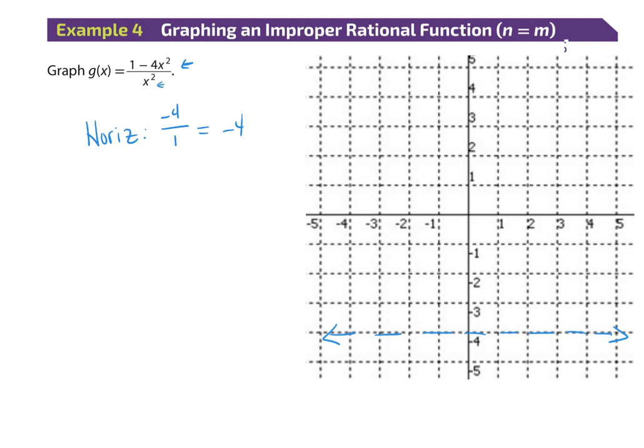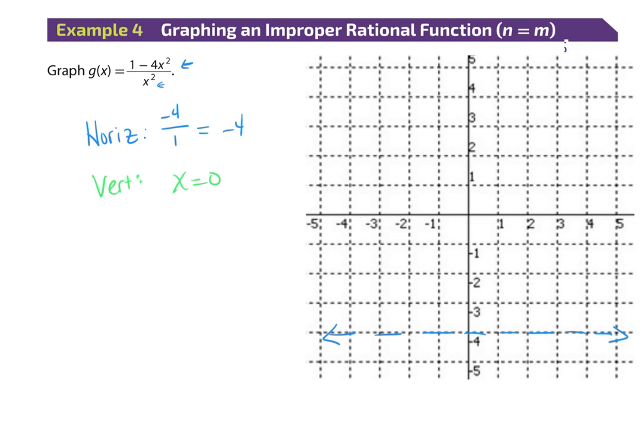For my vertical, I have a denominator, x squared. Can that cancel? What makes my denominator 0? Well, x equals 0 does. It cannot cancel. Why can't it cancel? This is like the most common mistake over and over and over.